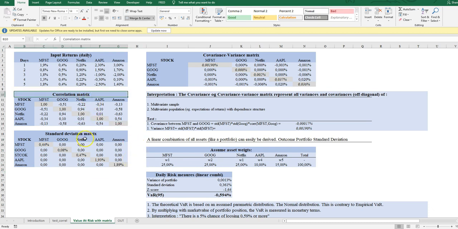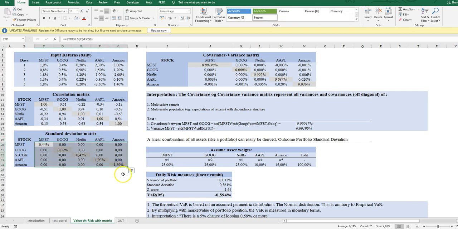Having the correlation matrix and the standard matrix, we can go to the covariance matrix, which is a summary of all variances of the stocks on the diagonal.